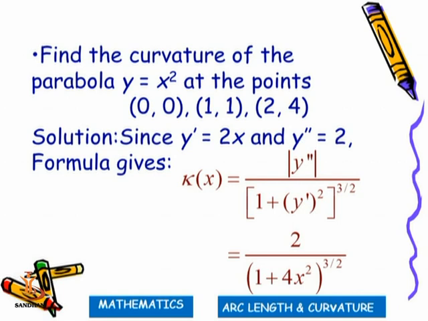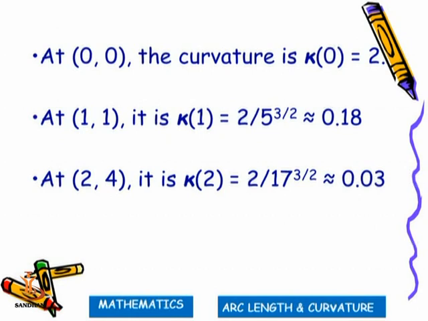So what is our formula of the curvature? In the numerator will come y double dash, and in the denominator 1 plus y dash whole square, whole raised to 3/2. So the numerator is 2, and the denominator is (1 plus 4x square) raised to 3/2. Now we will calculate at point (0, 0).